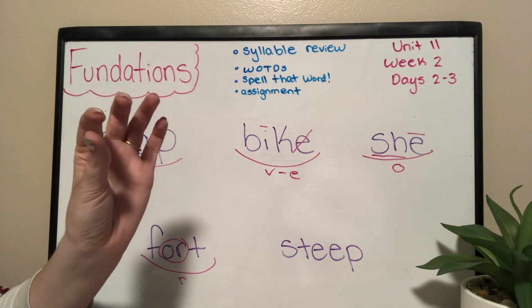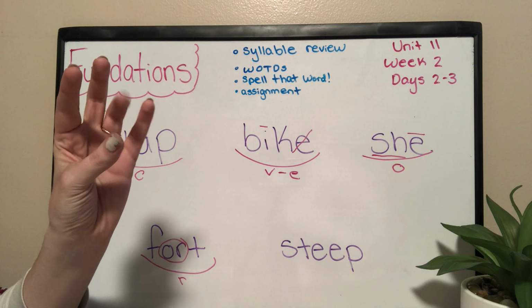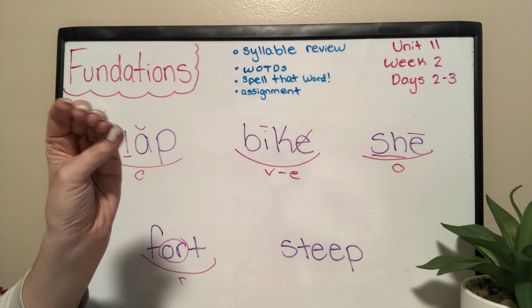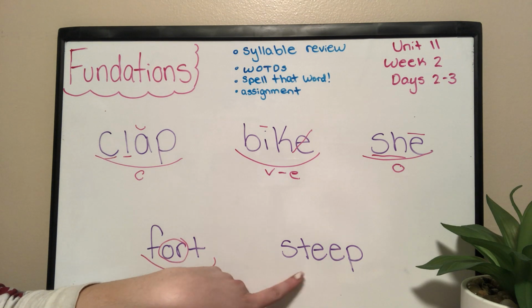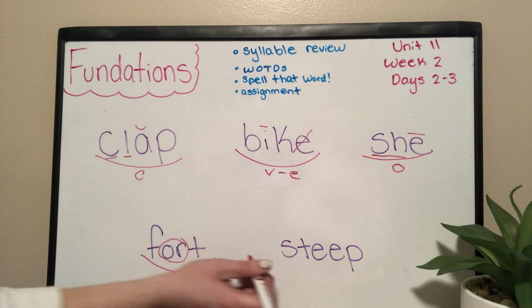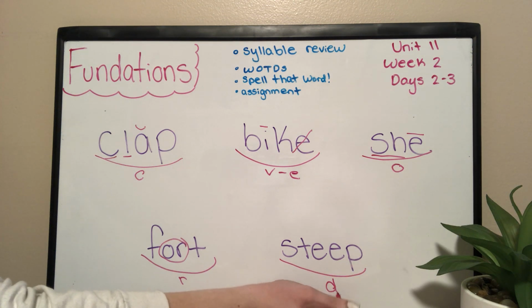Let's do it. S-T-E-P, steep. 4 taps for this 5-letter word. What kind of syllable is this? Awesome, amazing. It is a D syllable for double vowel teams.